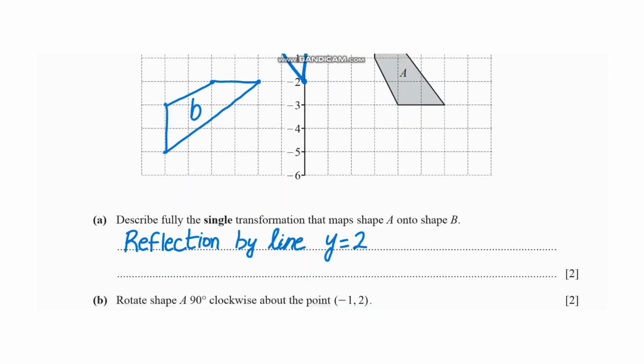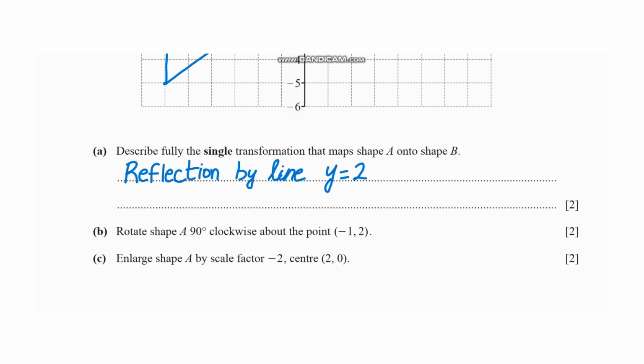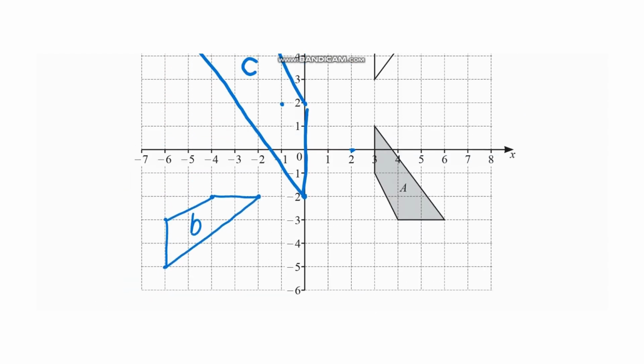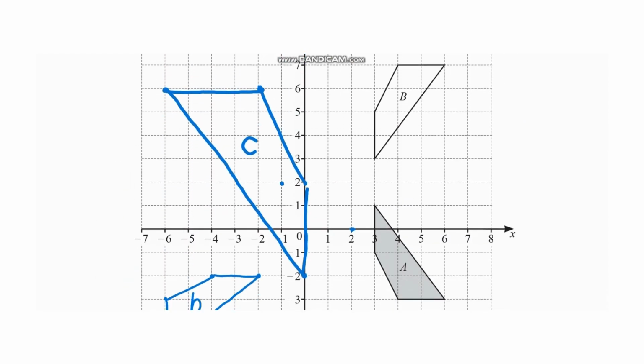Question 10 states, part A: describe fully the single transformation that maps shape A onto B. From A to B, as the lengths and all the sides of the objects A and B are the same, this is a reflection. And how is it reflected?